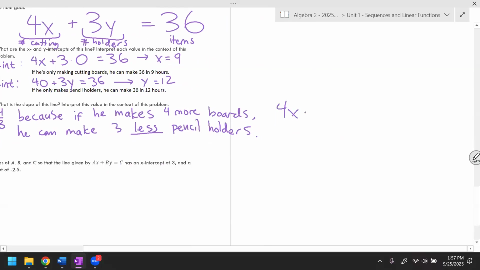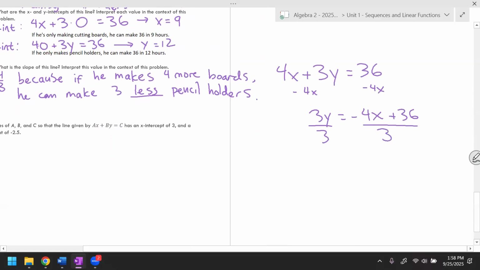Okay, fair enough. If I do 4x plus 3y equals 36, I can solve this for y, right? Let's just minus 4x from both sides. Let's divide both sides by 3.